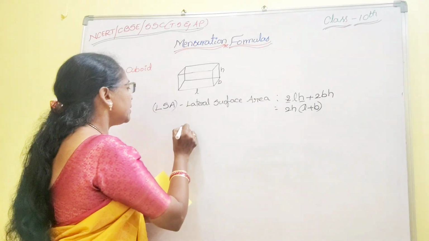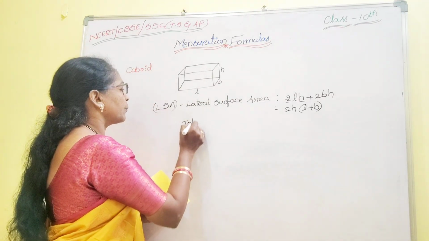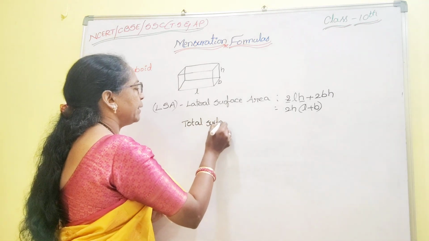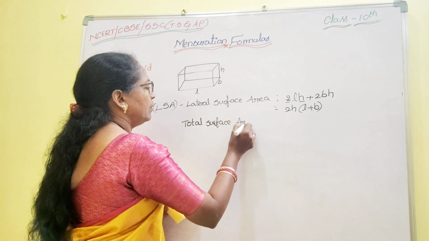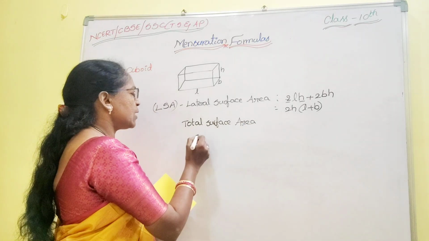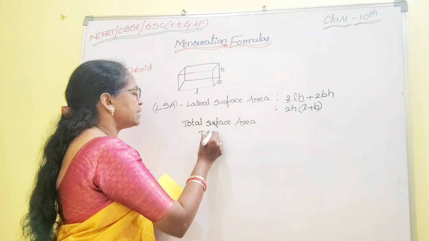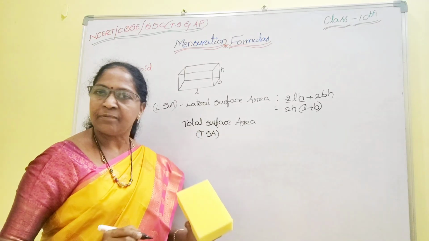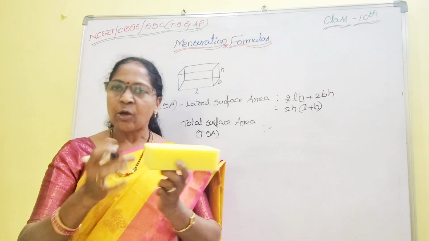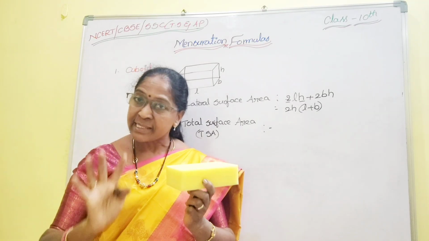Like that, next one is total surface area. TSA, starting letters, is nothing but total surface area. How many surfaces does a cuboid have? 6 surfaces.